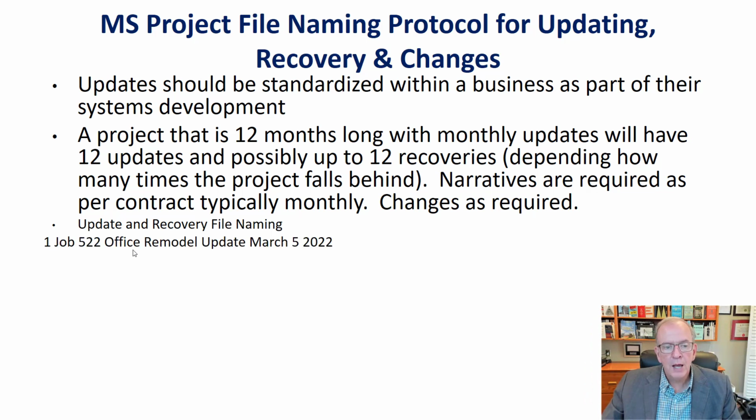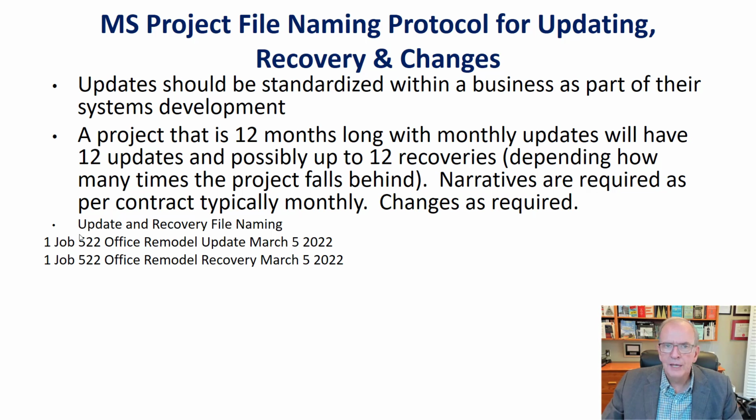So your first update might be March 5th, 2022, and that might be after a month of work has occurred. And so you'd be in that update saying what's done. And if you're behind, you would see what's the variance, like I just showed you in that brief example just prior to this. Then you take that file and name it based on this was the first update.